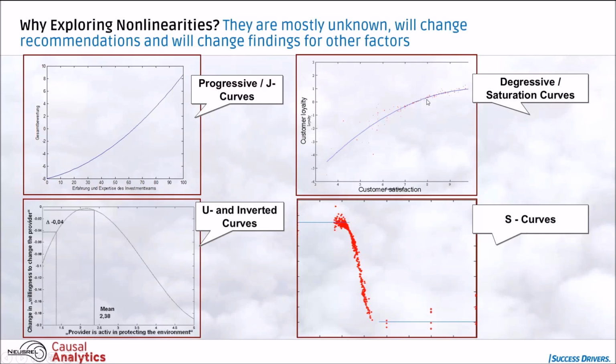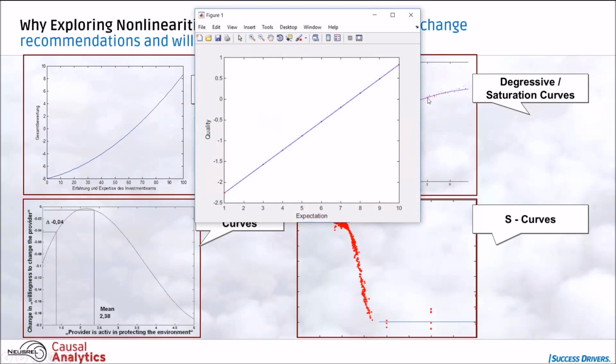But if you have a closer look, if you increase from 8 to 10, you maybe gain, I don't know, max one scale point in customer loyalty. That's increase. Now you already get here some results.